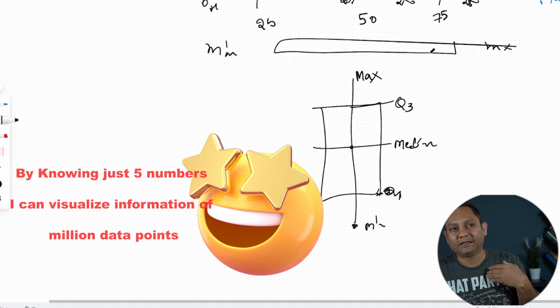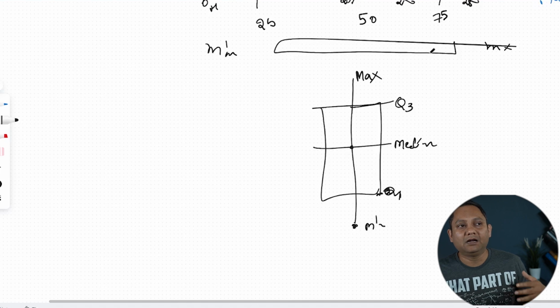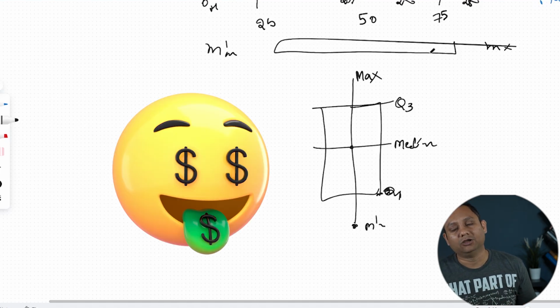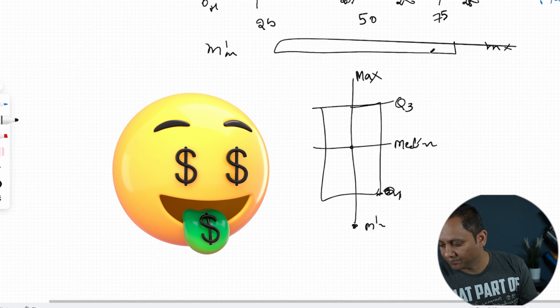Or how many hours a person is working in the office, how many breaks they are taking. If you can use a lot of real life examples to build a graphing capability in your memory, this will help you become a good analyst, because then in the real world you'll be able to visualize sales, conversion, a lot of metrics. Anybody gives you 5 numbers, you'll be able to think of how that number is distributed.